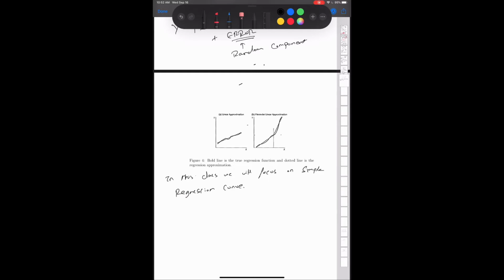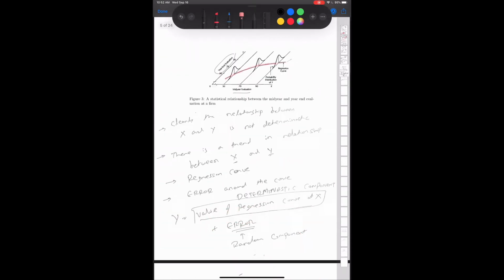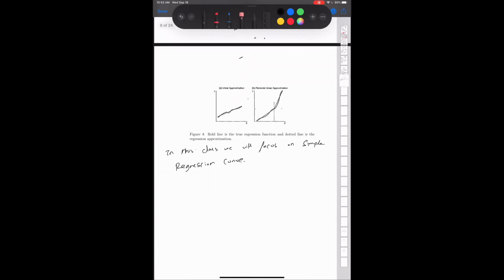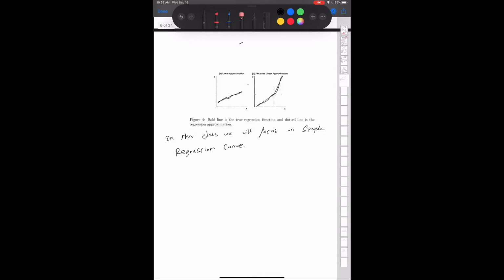In fact, we'll focus on the simplest regression curve. We'll focus on linear regression curves.